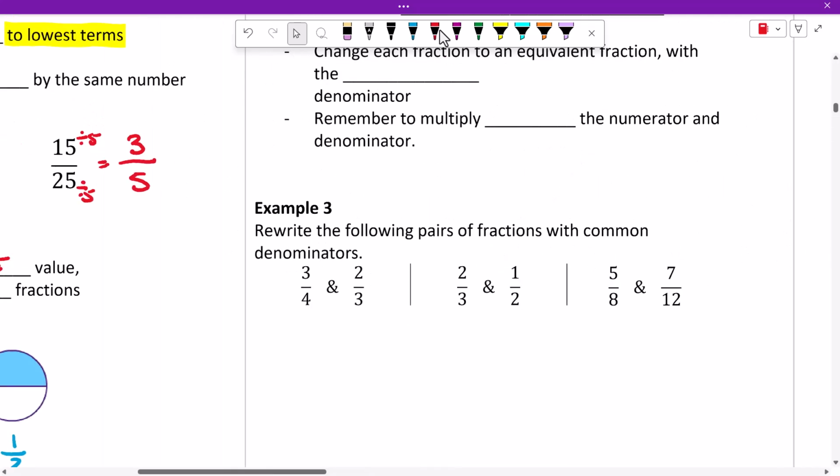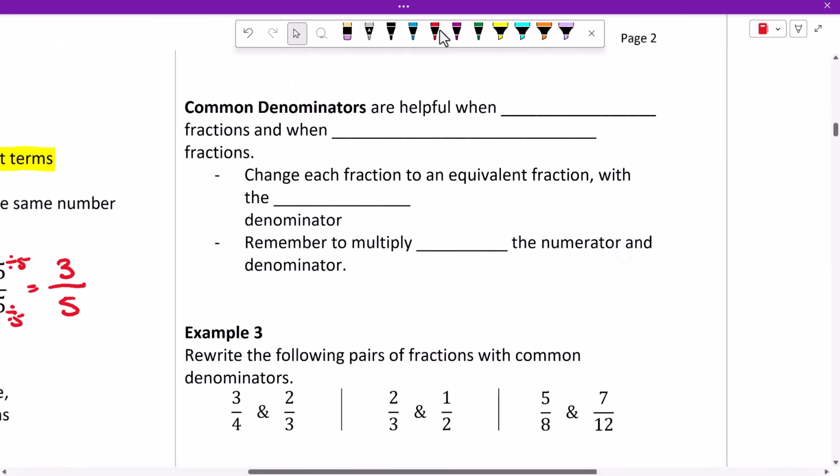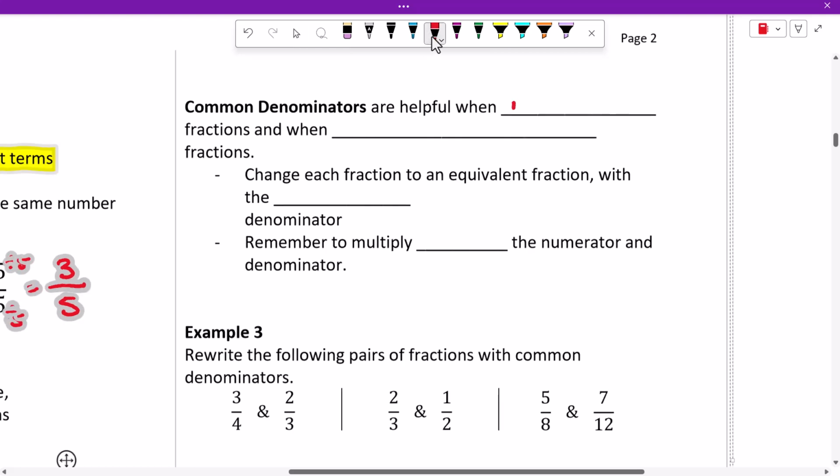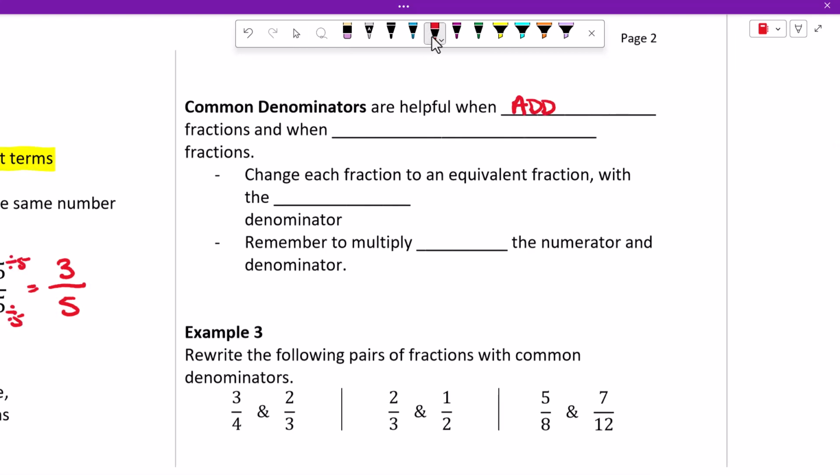So one of the things we want to be able to do is it's helpful when we add or subtract fractions. If we have 3 over 4 and 2 over 3, we want to make the bottoms the same, the common denominator.